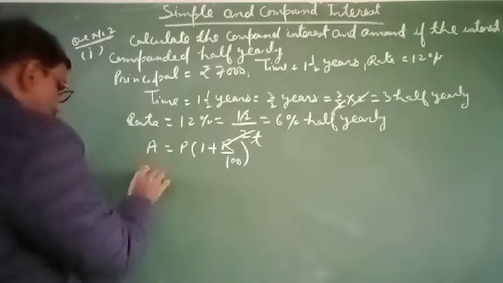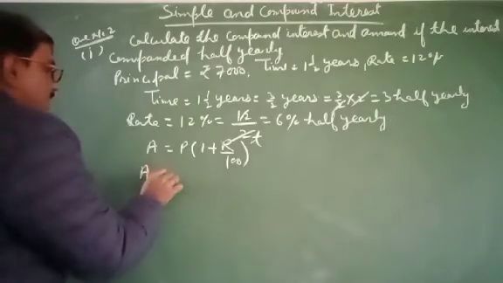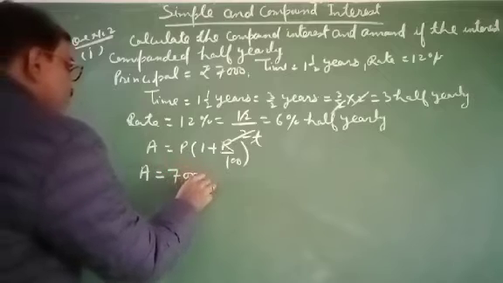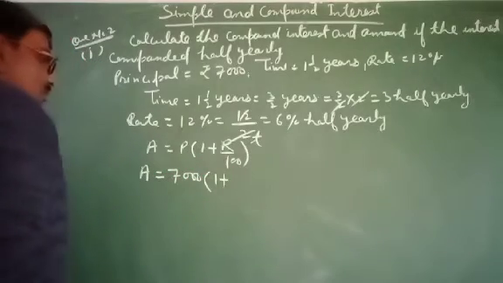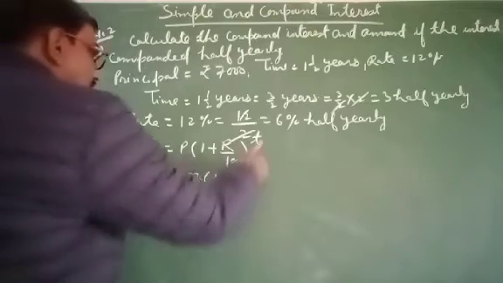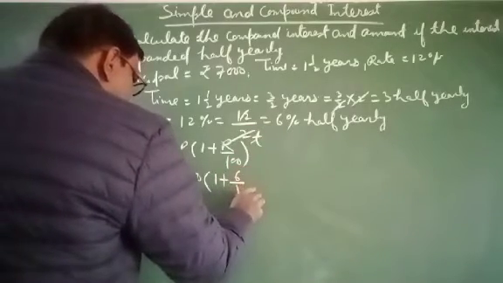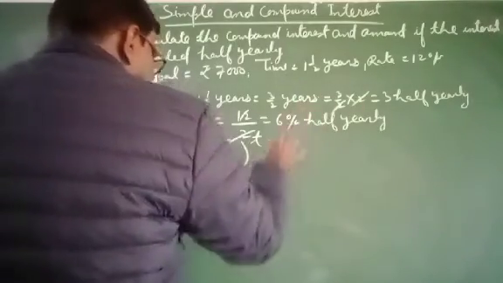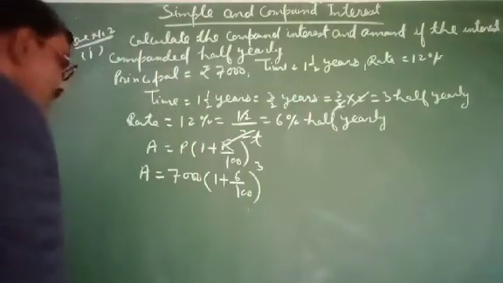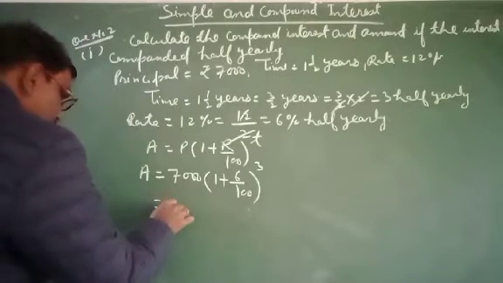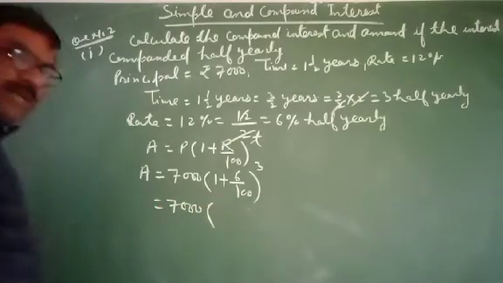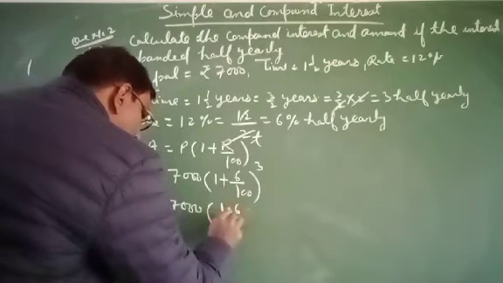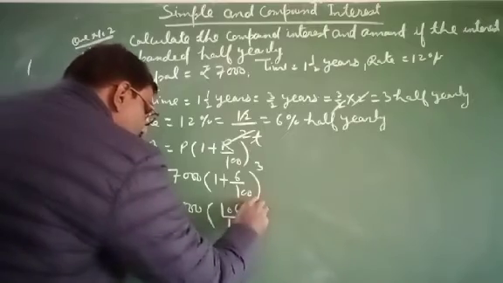So amount A equal value of P is 7,000 times 1 plus R is 6 by 100 to the power T is 3. So it will be equal to 7,000 times 106 by 100 to the power 3.